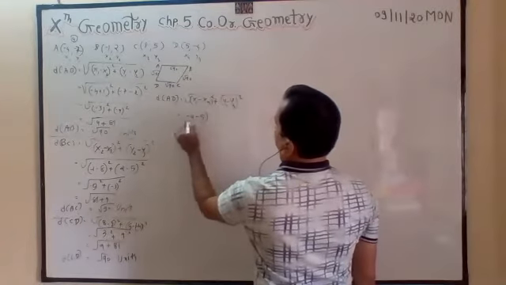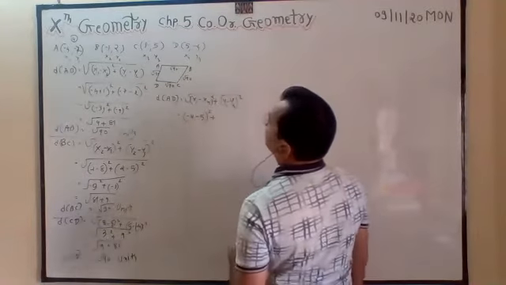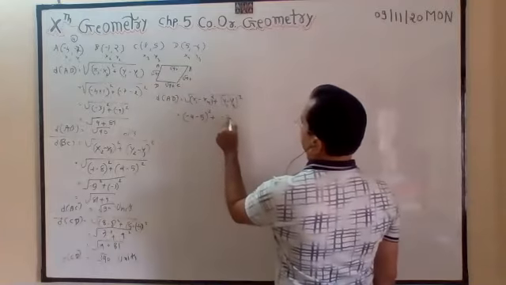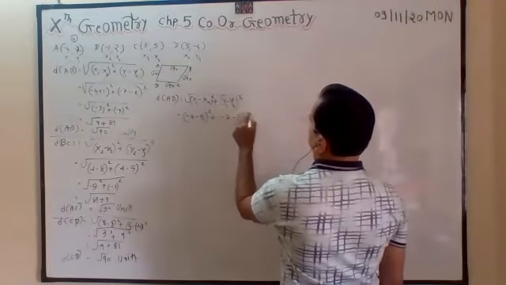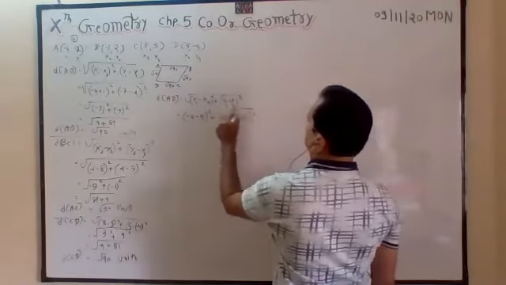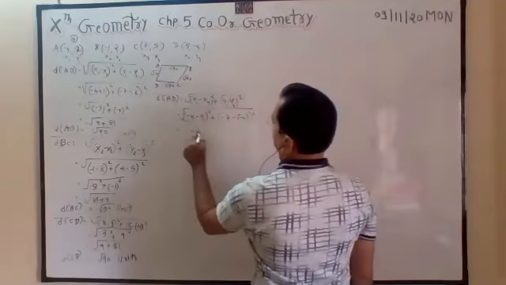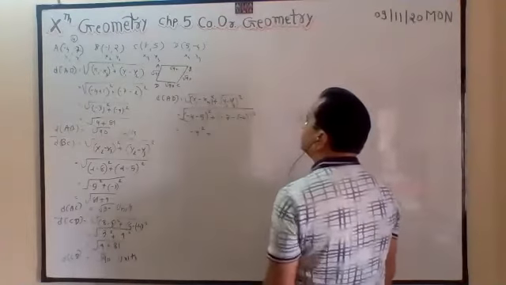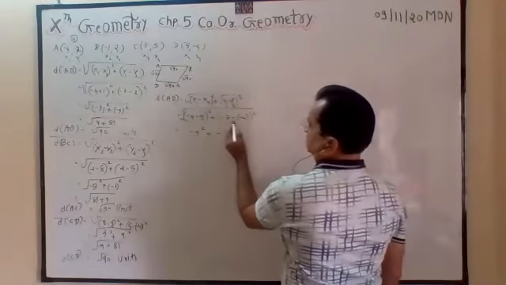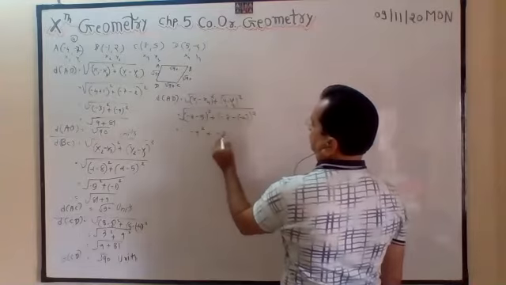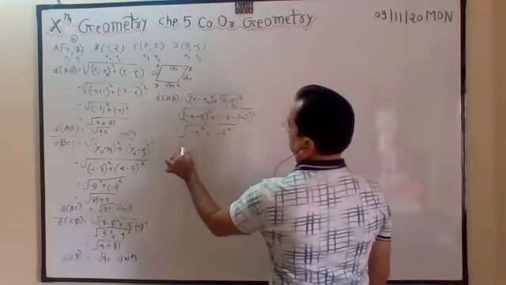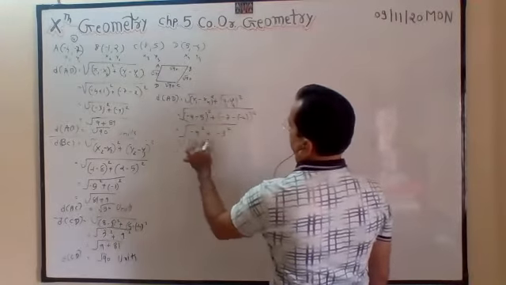First, minus 4 minus 5 square, minus 7 minus 4, so minus 9 square, plus this is 7, 7 minus 4, 3 square, 81, 9.